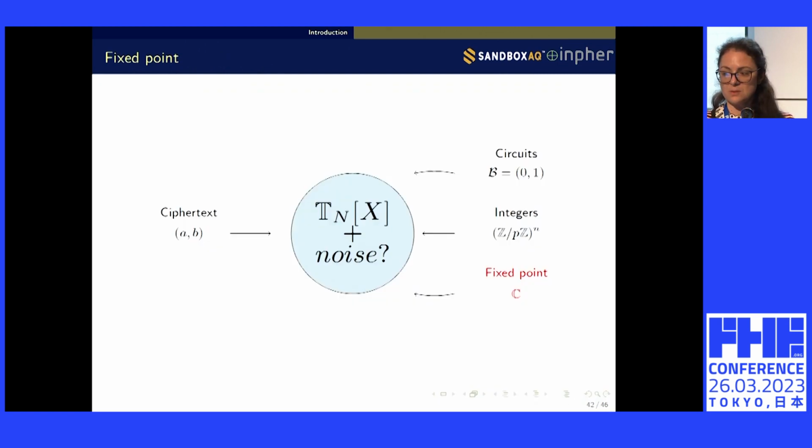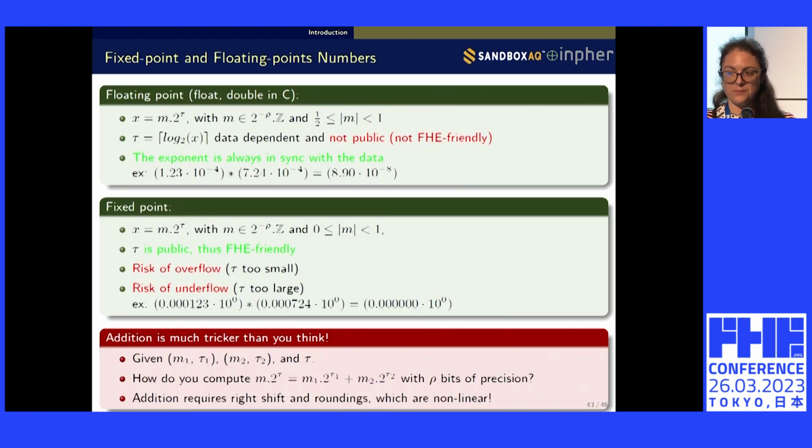Now, what about the fixed point numbers? First, what exactly is a fixed point? It's exactly like the floating point representation. We have a mantissa and an exponent, but the difference is that the exponent, this time, is public, and that means it is much more fully homomorphic encryption friendly. Of course, when we take the exponent public, we have a risk of overflow or underflow, as in my example here.